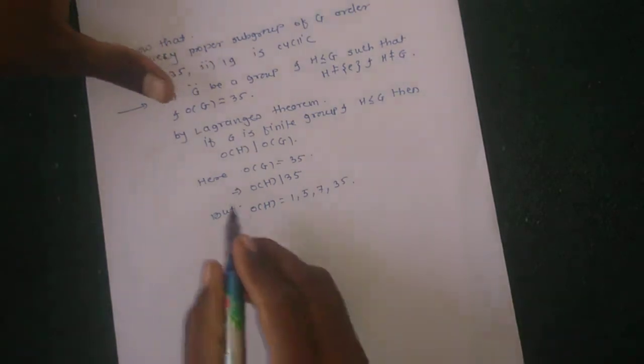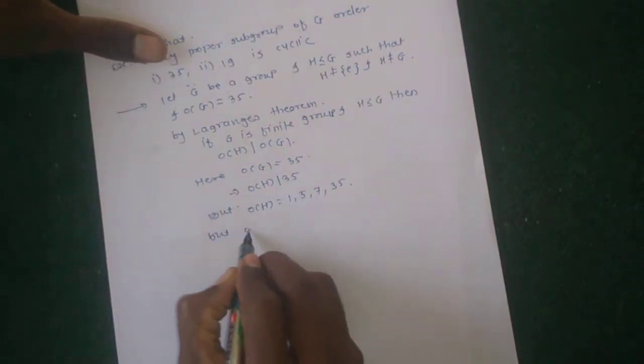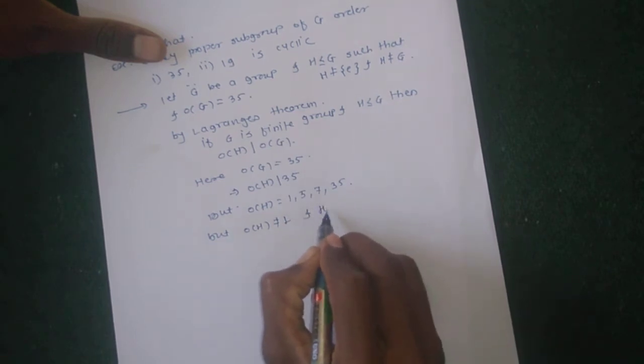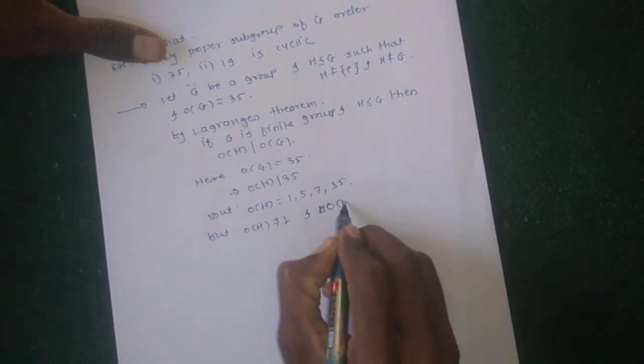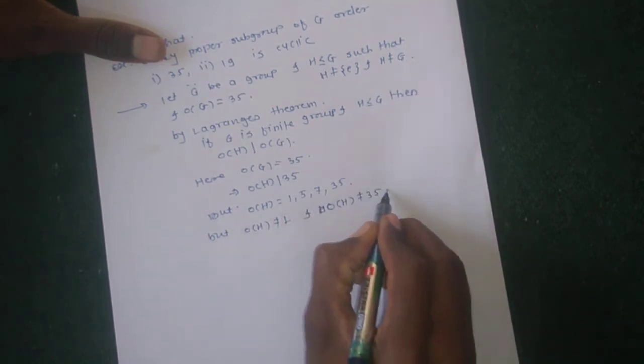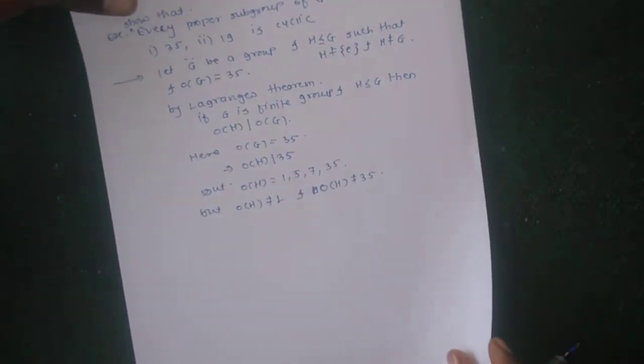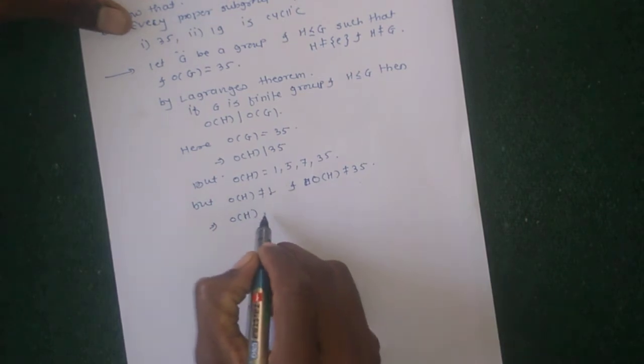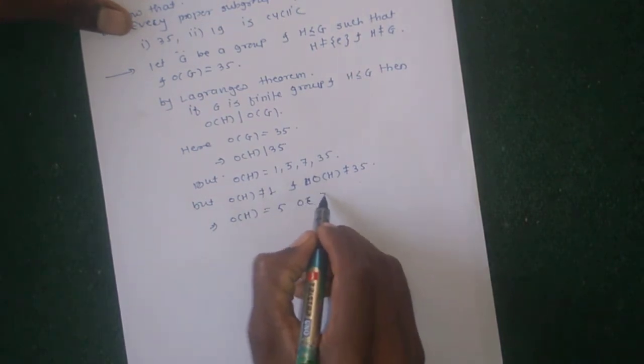But here, given that order of H is not equal to 1 and order of H is not equal to 35, because H is a proper subgroup of G, which implies that order of H must be 5 or 7.